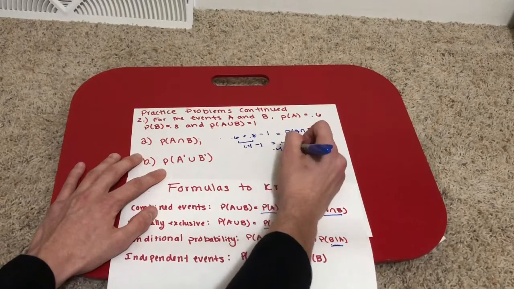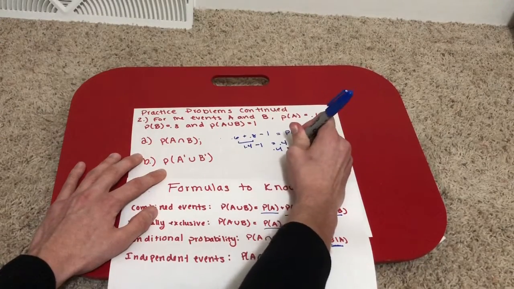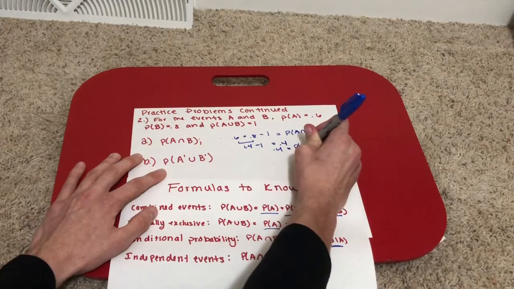So 0.4 equals the probability of A and B.